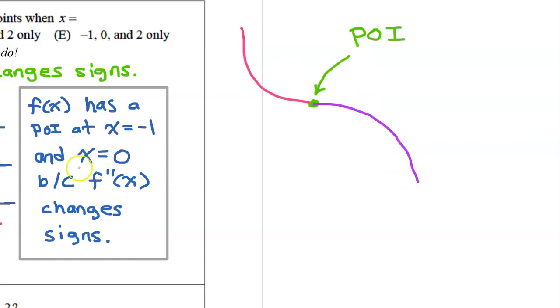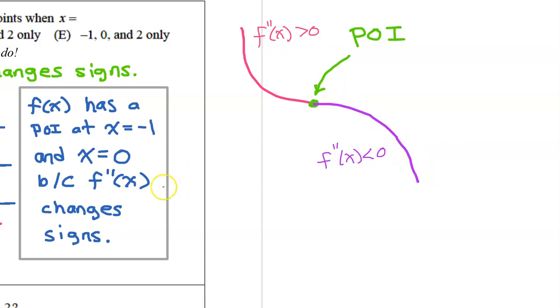And the reason why we are using the second derivative is because we have learned that if the second derivative is positive, that means that the original function is concave up. If the second derivative is negative, then the function is concave down.